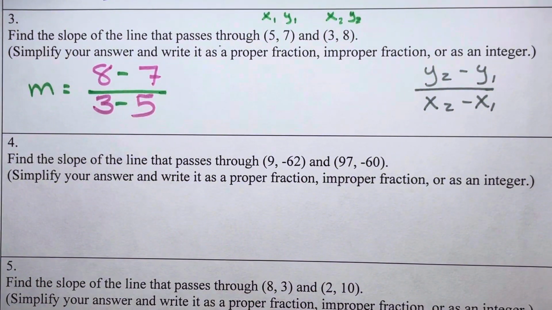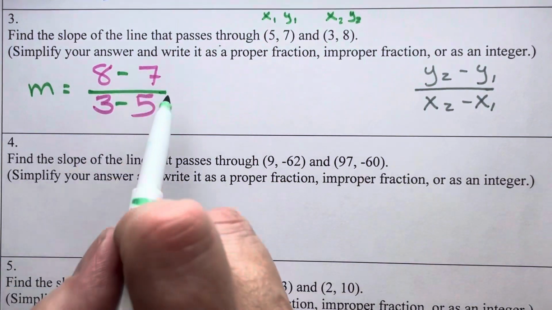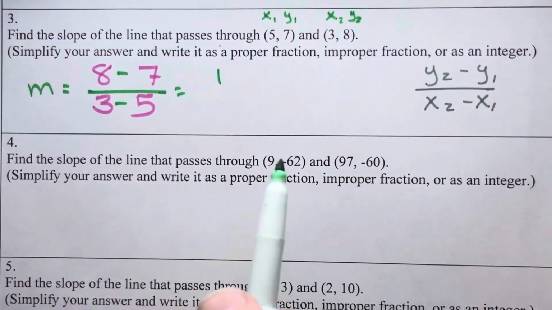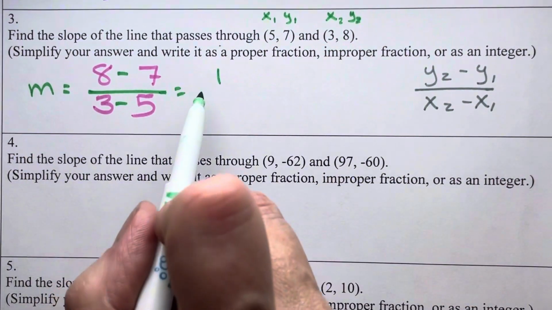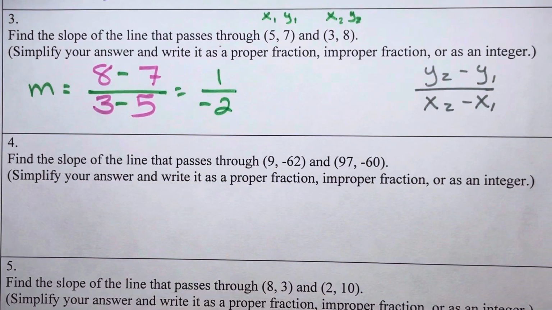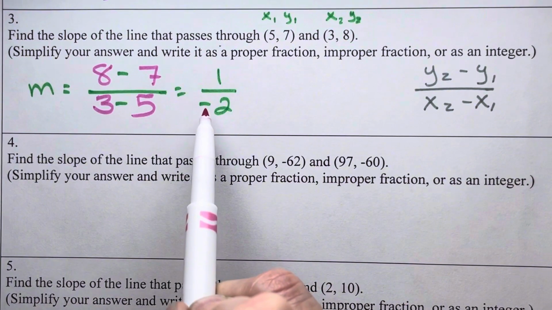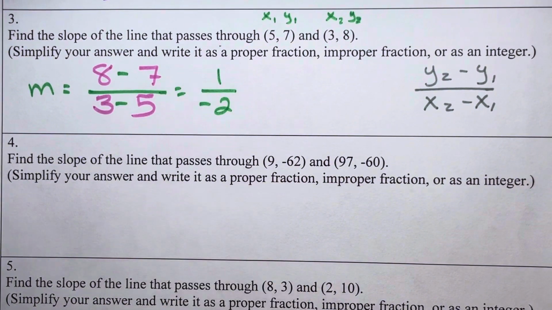Let's go ahead and subtract and start finding out what the slope of this line actually is. So we end up finding that this 8 minus 7 is 1. 3 minus 5 is negative 2. As we saw in example 1, you are never allowed to call it a day and be done with having a negative in the denominator of a fraction.